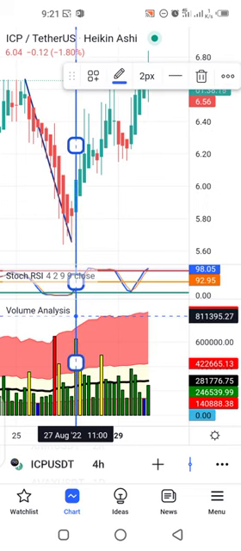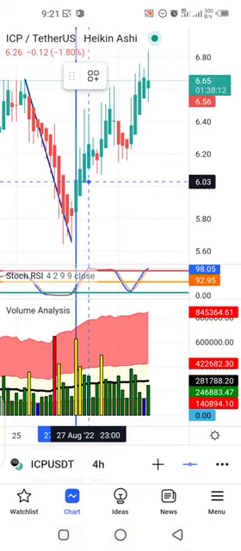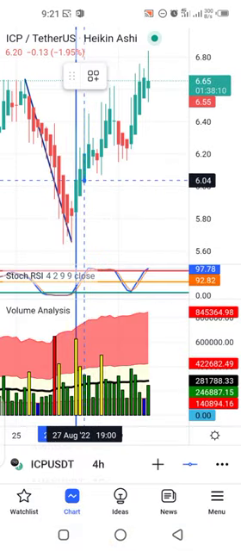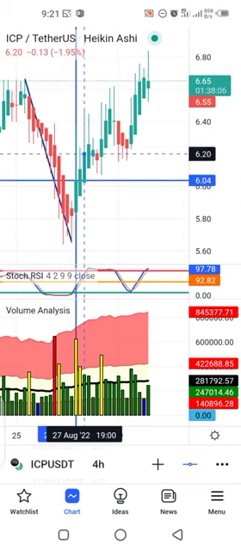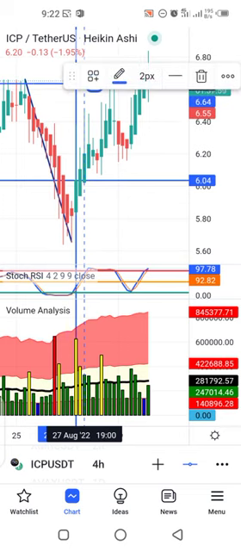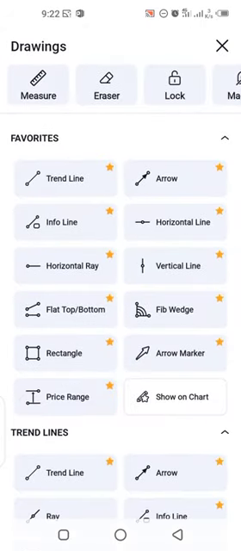So I draw my vertical line, then I draw my horizontal line from where the candle closes from, which is there basically. Then I draw my second line where the downtrend started from, which is basically here. Then I pick my price range.